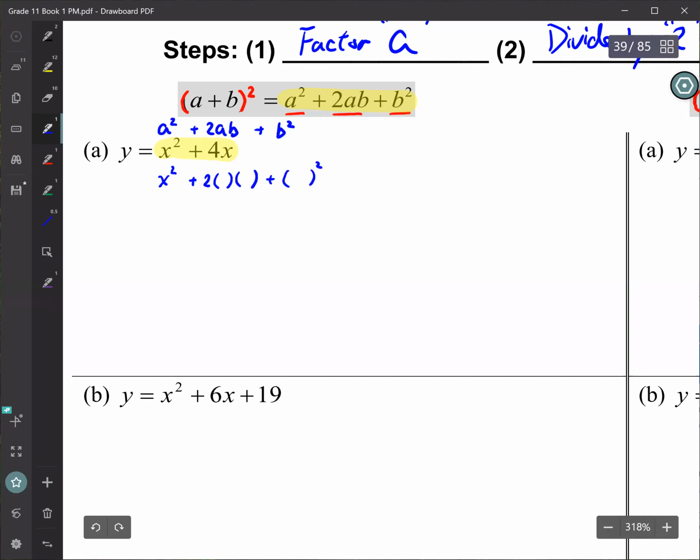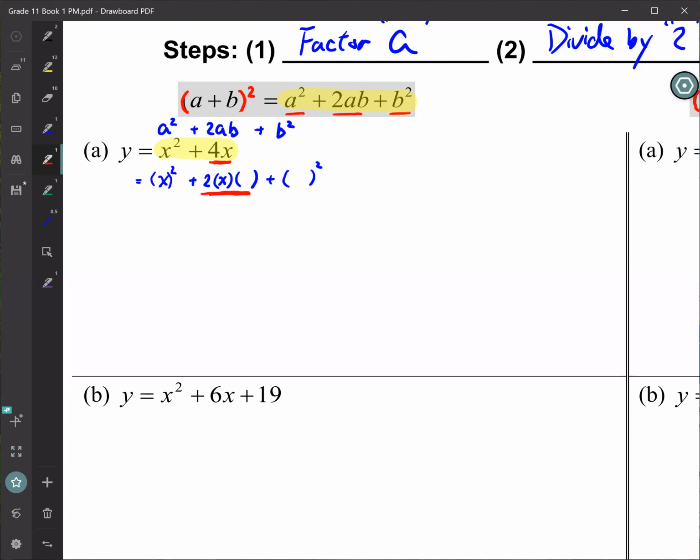This is the formula. We know a is the x. So that means 2a, a will be x. So the second bracket here will have x. Then what should the b equal? So then the middle one will match. What I mean by the middle one is this one. 4x needs to match the middle one. What should we put inside the b? So then the middle one will become 4x then. Anyone?